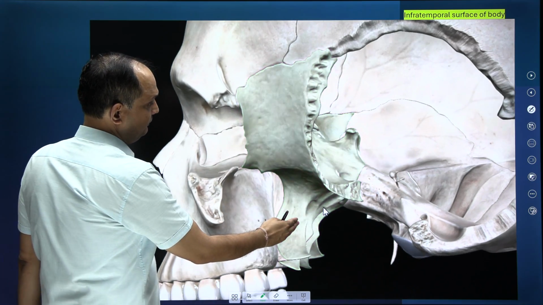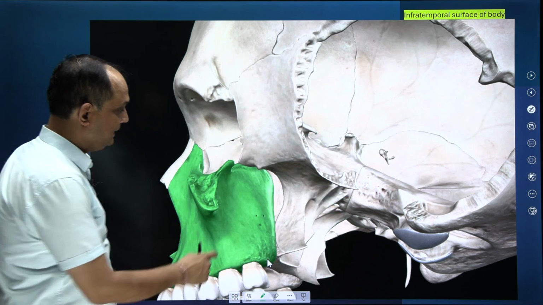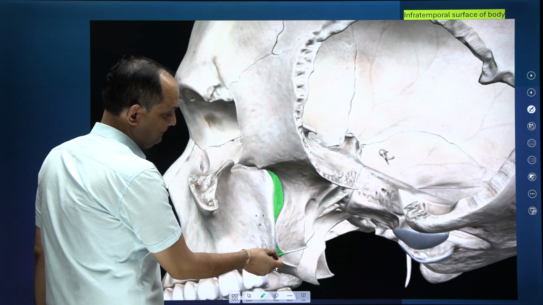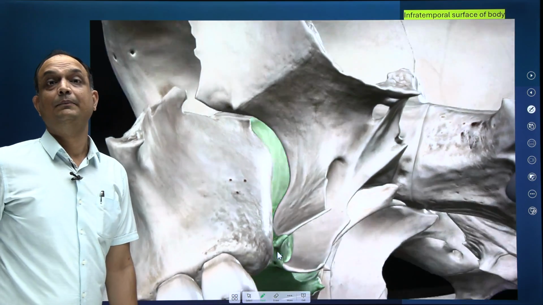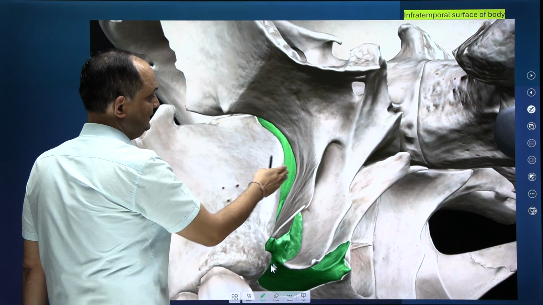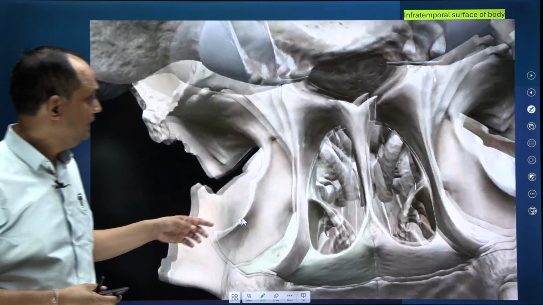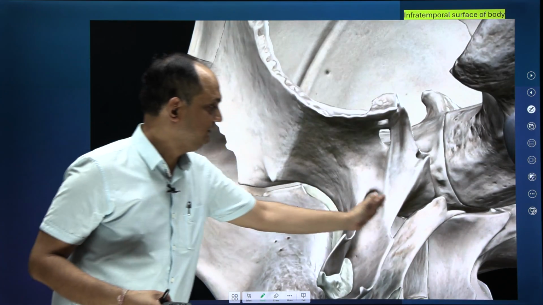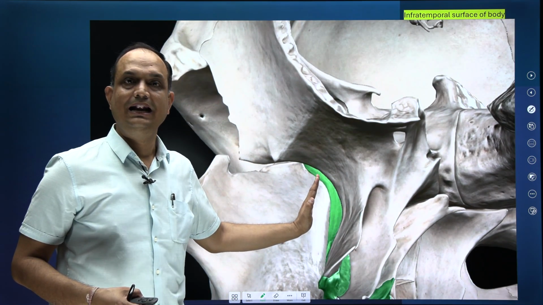Posteriorly you will have the pterygoid processes of the sphenoid bone, but in between them you have to make it clear that there is a small projection of the palatine bone here, which is known as the pyramidal process. You know that this space is known as the pterygomaxillary fissure, and deep to the fissure you will have the pterygopalatine fossa. Here it should be clear that the palatine bone is basically a partition between the nasal cavity medially and the pterygopalatine fossa laterally.